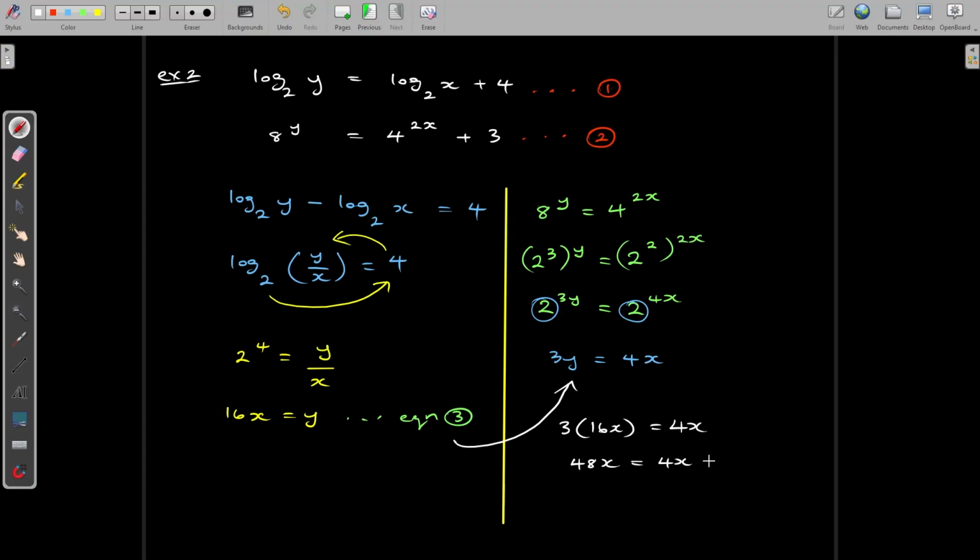something is missing. What did I leave off? Did I leave off something? Hold on. Oh, there was something else here. Sorry, I left off the plus 3. So there was a plus 3 right there.